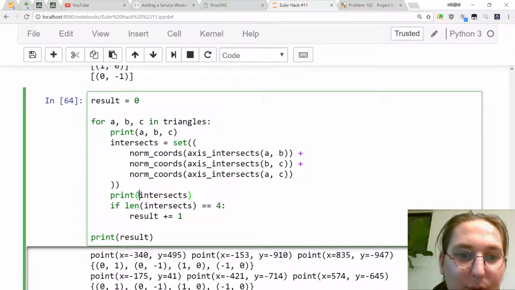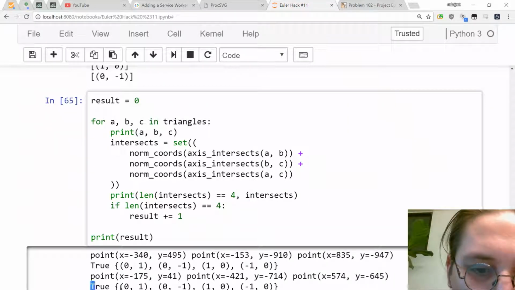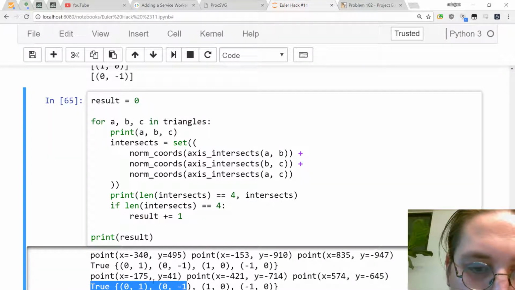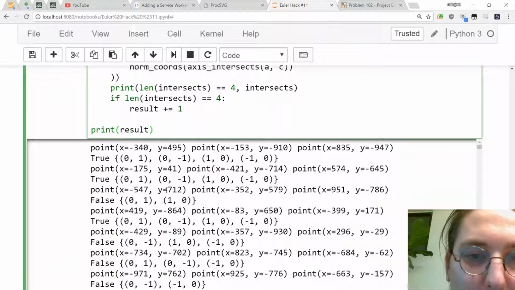Yeah, I think we have an issue. Oh, yeah. So X, Y, Z is true. Should it be there? The second triangle is there. Yeah, it's true, and it shouldn't be.